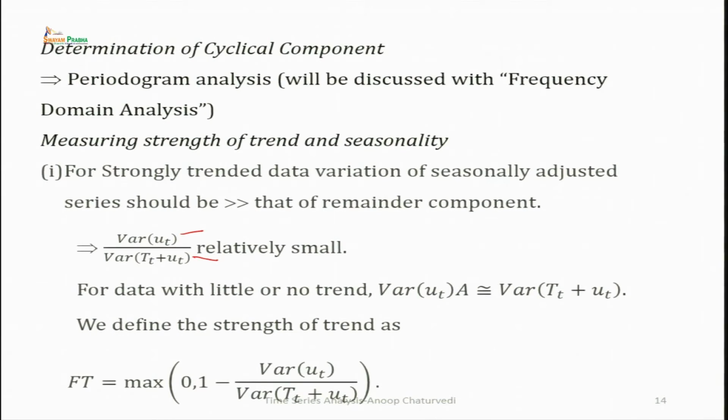For data with little or no trend, variance of UT will be approximately equal to variance of TT plus UT. Then we define the strength of trend as Ft equal to maximum of 0 and 1 minus variance of UT upon variance of TT plus UT. So, this figure gives you the strength of trend.